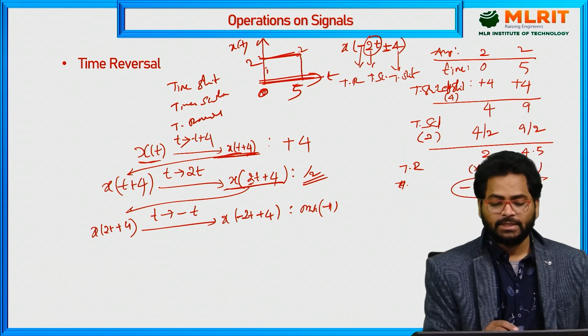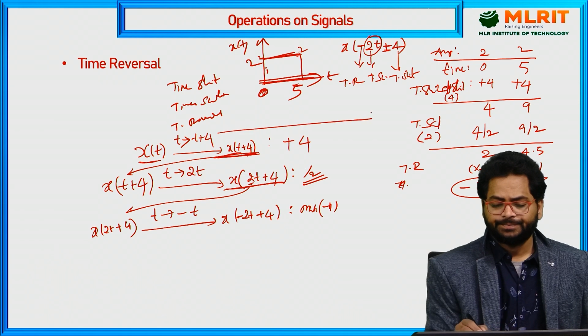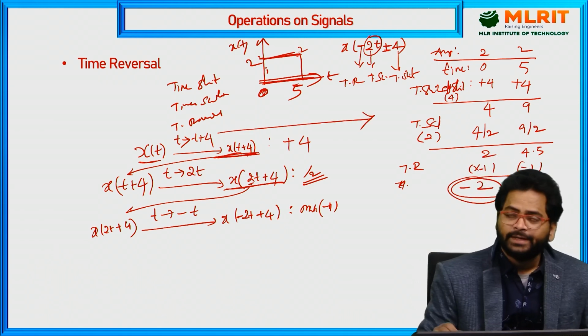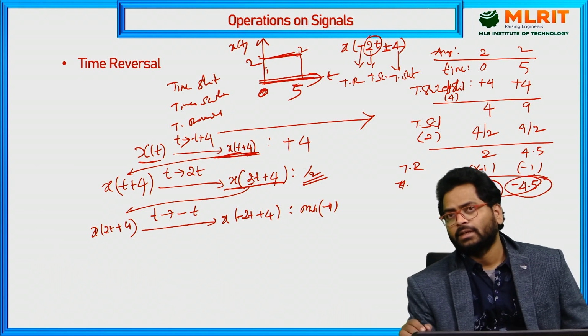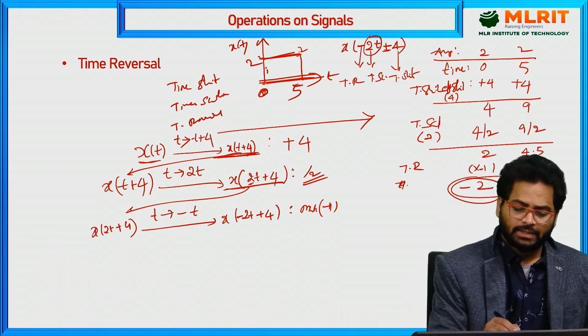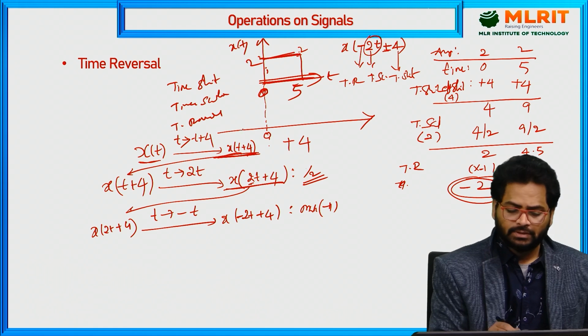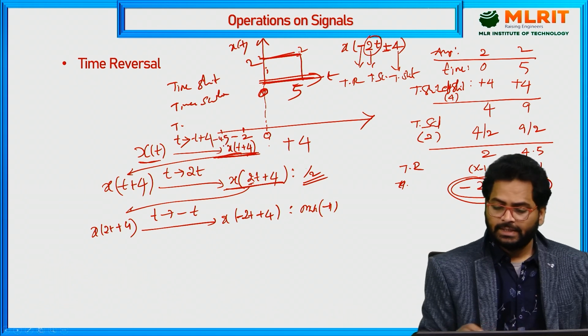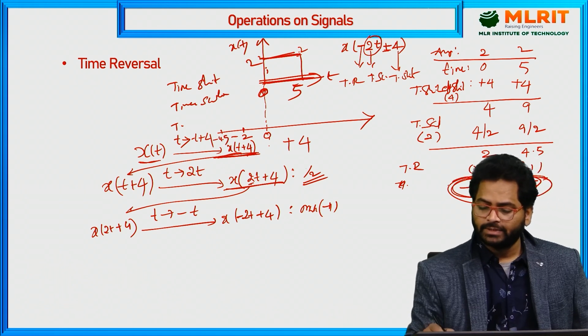In this case, we need to draw the signal. What are the time values you have? Minus 2 and minus 4.5. At minus 2, what is the amplitude?